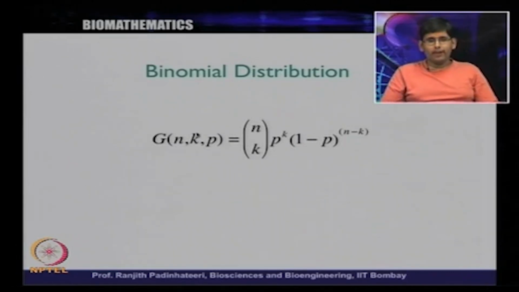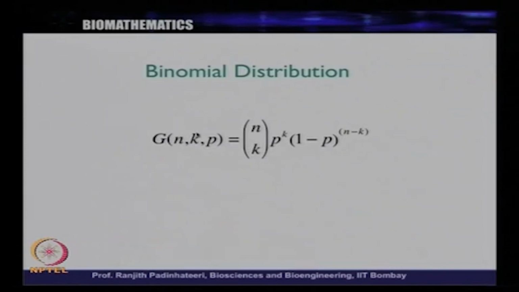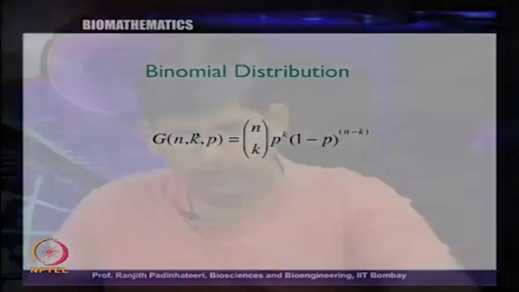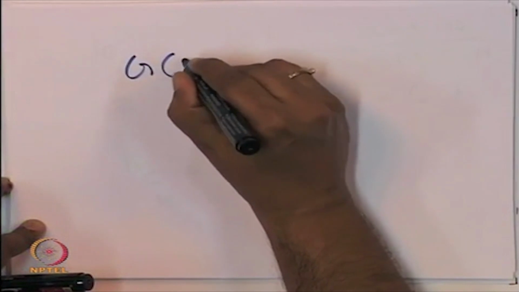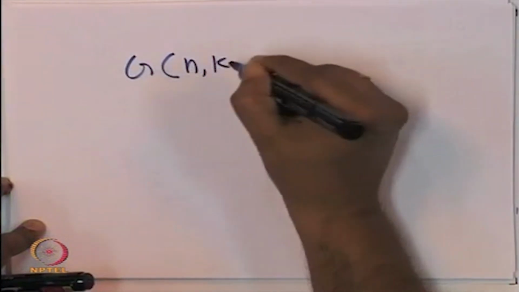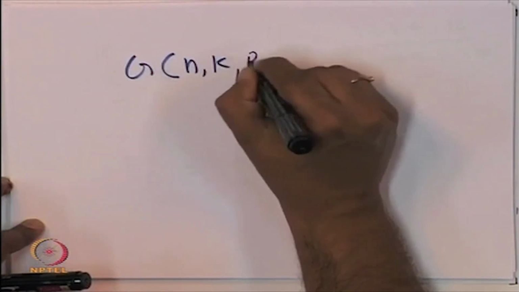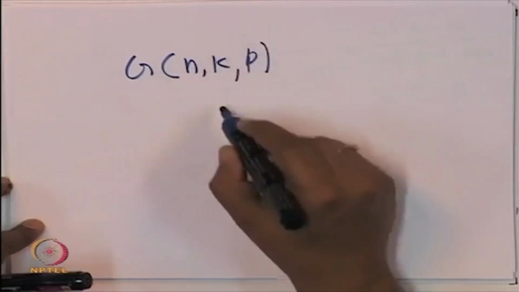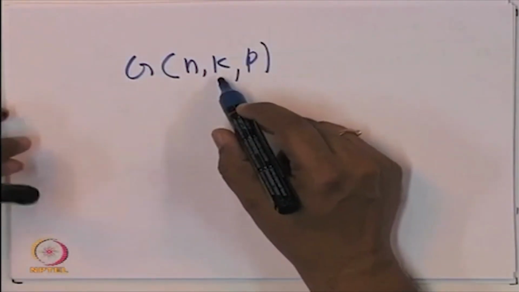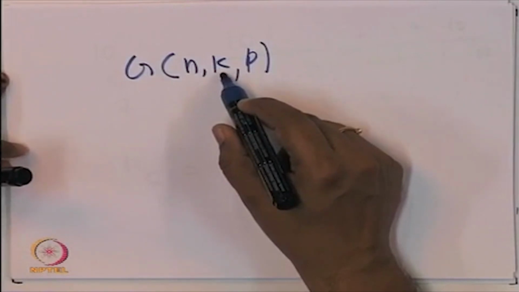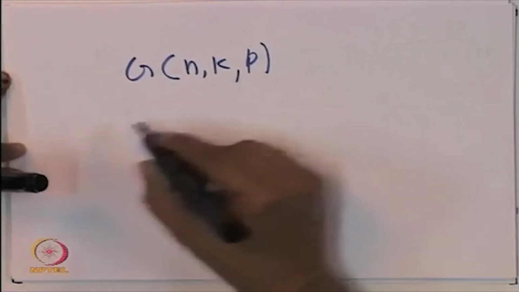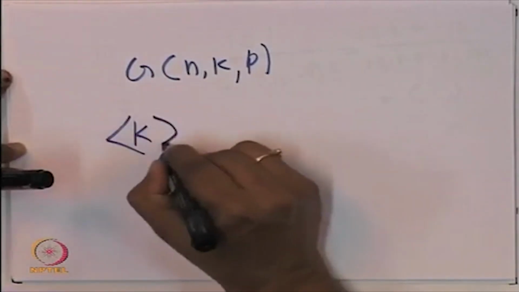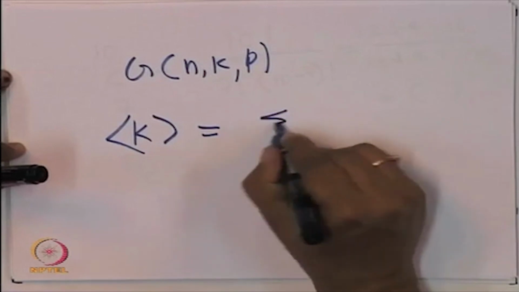Just like we learnt various distributions, if you have this binomial distribution, g of n comma k comma p, where if there are n, what is the probability that k of them will have this particular allele is the question, and then we can calculate the k average, just like we have been doing.